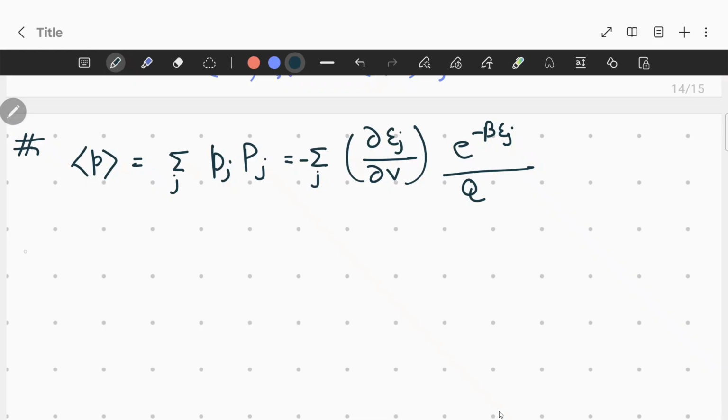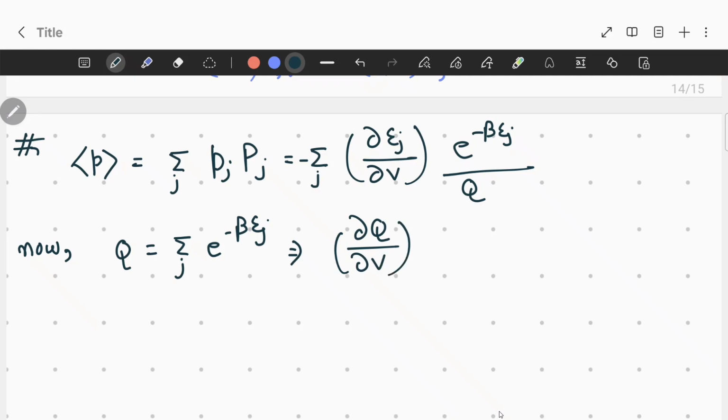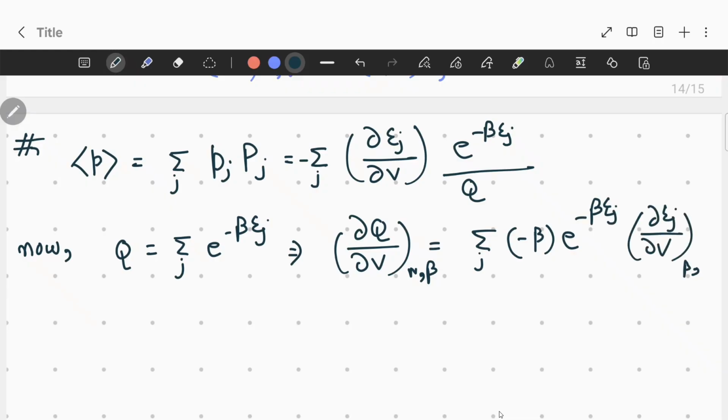Now Q is the sum over j of e to the power minus beta Ej. So what will be del Q del V? Obviously N and beta are constant. So it is e to the power minus beta Ej times del Ej del V, at constant N and T.